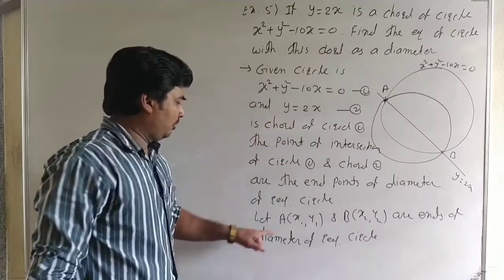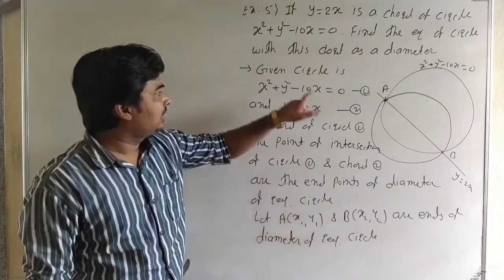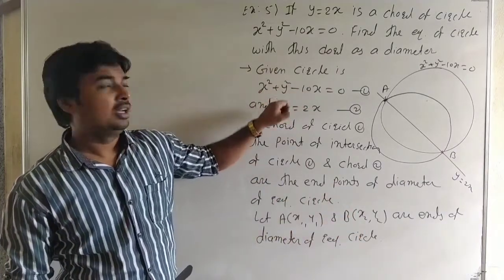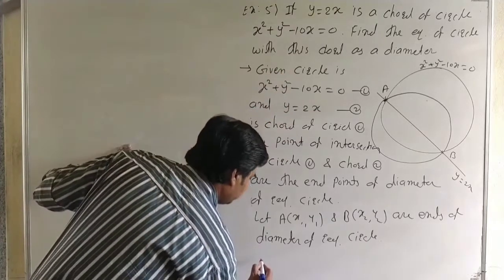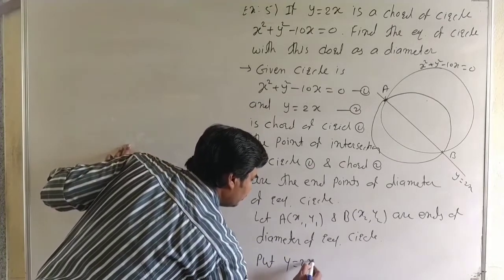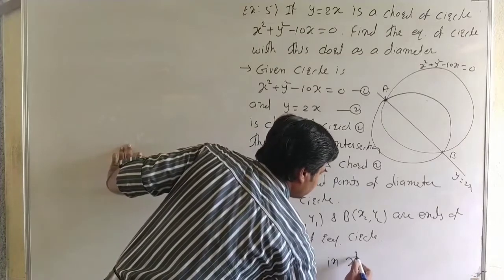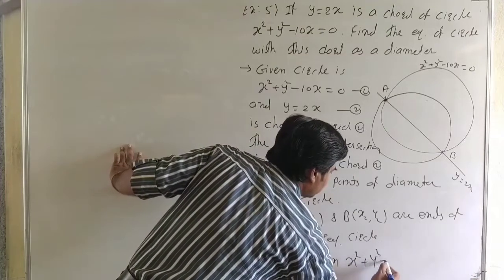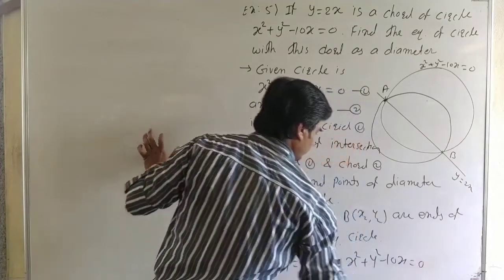Okay, now we find the coordinates of point A and B, and A and B are the intersection of these 2 curves. To find the intersection, we solve these 2 equations. Therefore, put y is equal to 2x in x square plus y square minus 10x is equal to 0.